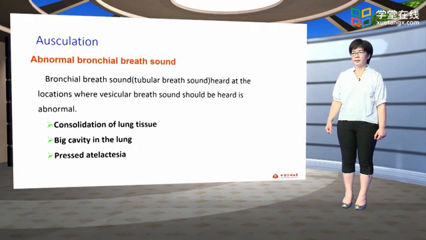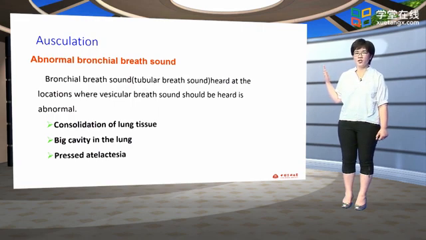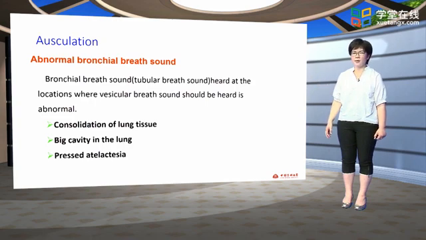In the previous part, we learned the abnormal increase and decrease of vascular sound. Also in our daily clinical work, we can hear abnormal bronchial breath sound. The bronchial sound is also called tubular breath sound. It is usually heard at a certain location. But when the bronchial breath sound is heard at a location where vascular breath sound should be heard, it is abnormal.